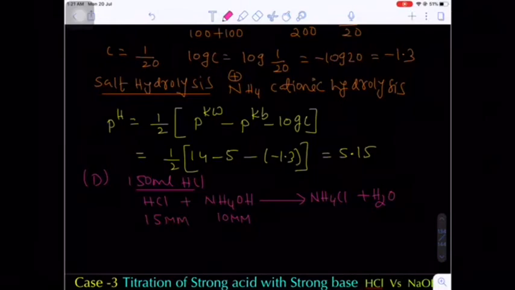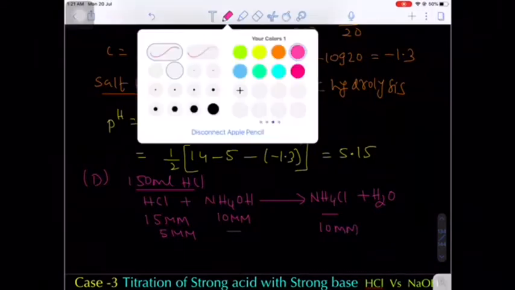Yes or no? Now here NH4OH will be 10 millimoles only, but here hydrochloric acid will be 15 millimoles. Then what happens? NH4OH will be the limiting reagent and HCl will be the excess reagent.